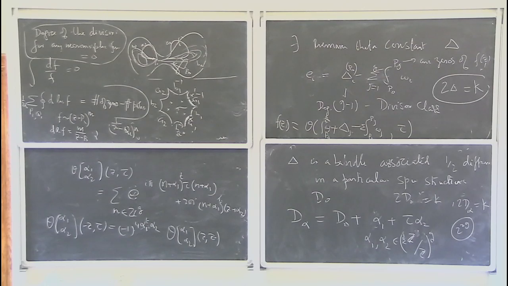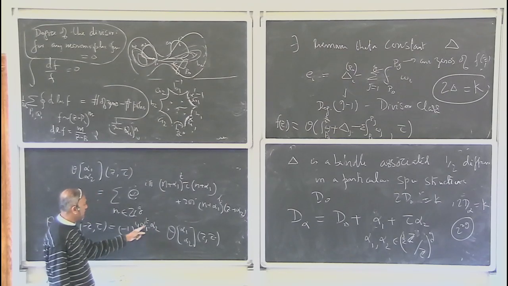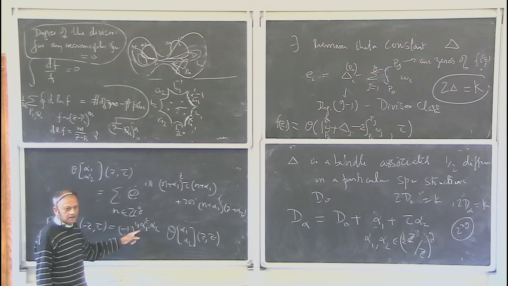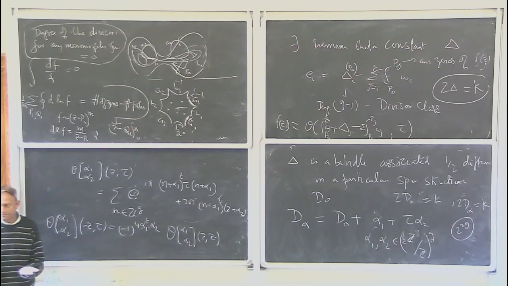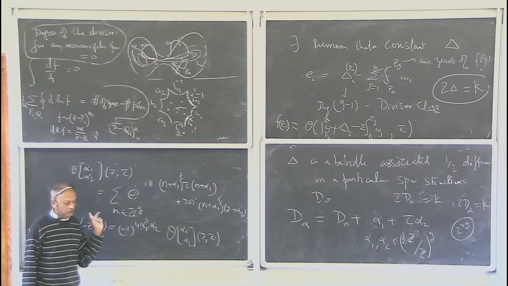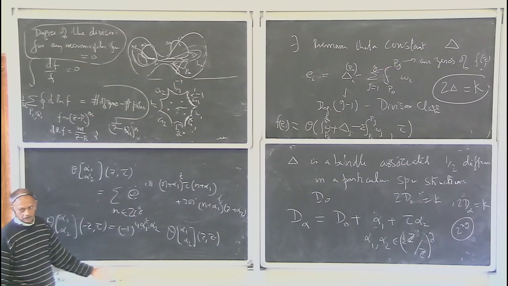Now, this is always an integer, because alpha 1, alpha 2 are half integers, but we are multiplying by 4. But the possibilities are that it could be even or odd, right? When this is an odd number, that will be an odd function of z, and when it is even, it will be an even function of z.